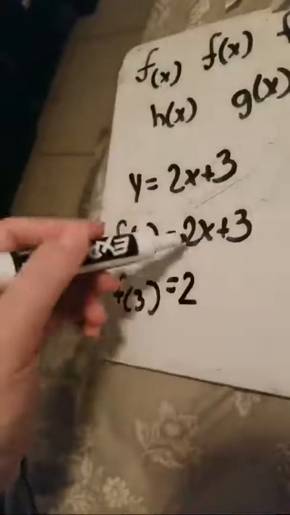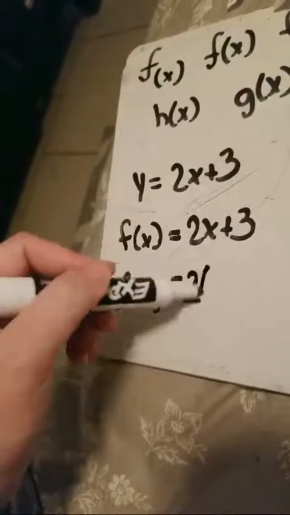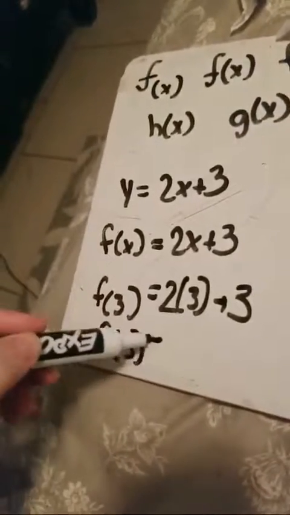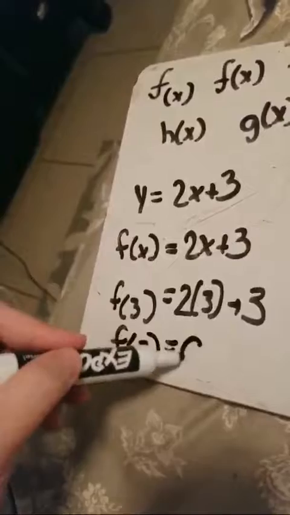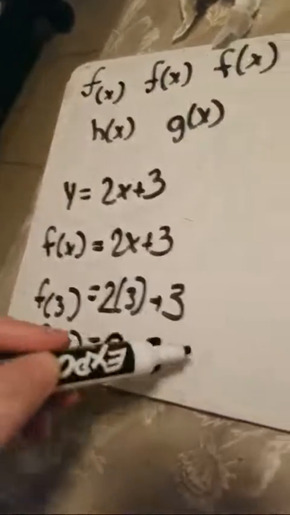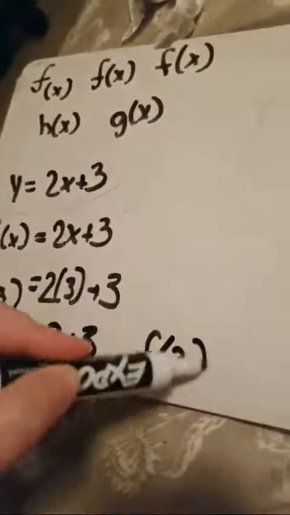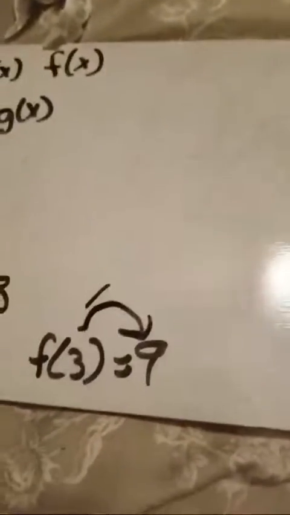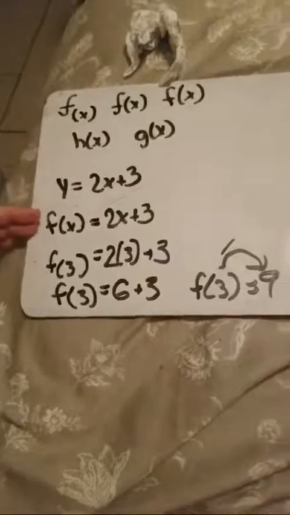So when I come into this equation and I encounter an x, I'm going to replace it with a 3. So now I just have a normal equation. Well, 2 times 3 is 6 plus 3. That means that f of 3 equals 9. And what this says is that if I put 3 into this function, I will get 9 out of it. Okay? So that's function notation.